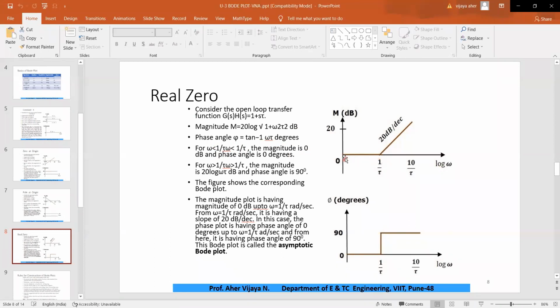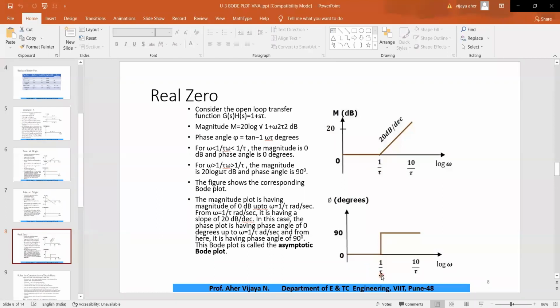So you have drawn this line from 0 up to 1 divided by tau. At omega equal to 1 divided by tau, the magnitude is 0 dB, so I have drawn this line. And the phase angle is also 0 degree, so I have drawn this 0 degree line from 0 to 1 divided by tau. Okay, first part.